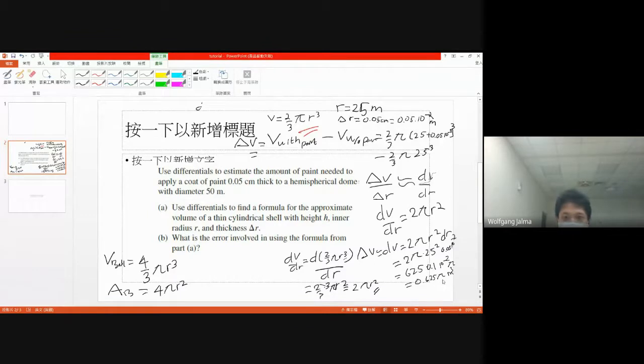You get what I mean? So basically, the error here is delta V minus dV. We have dV here, and delta V you find the hard way, and you will find the error. Okay, so far so good, right?